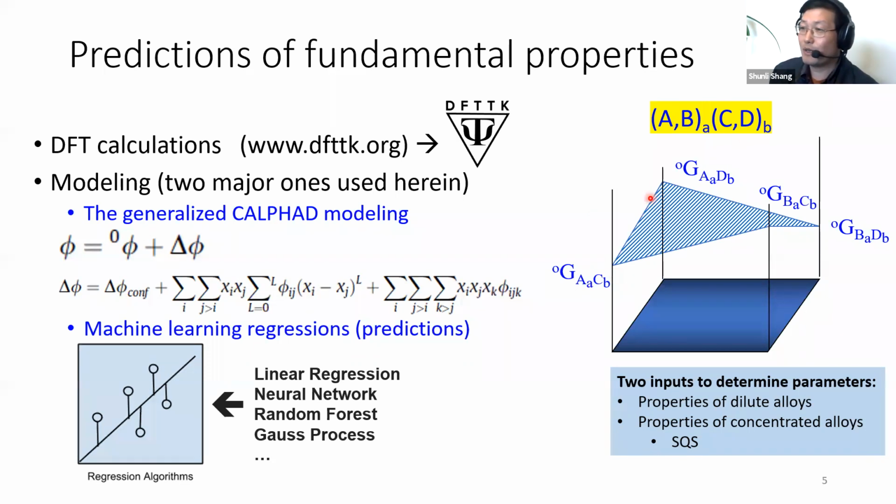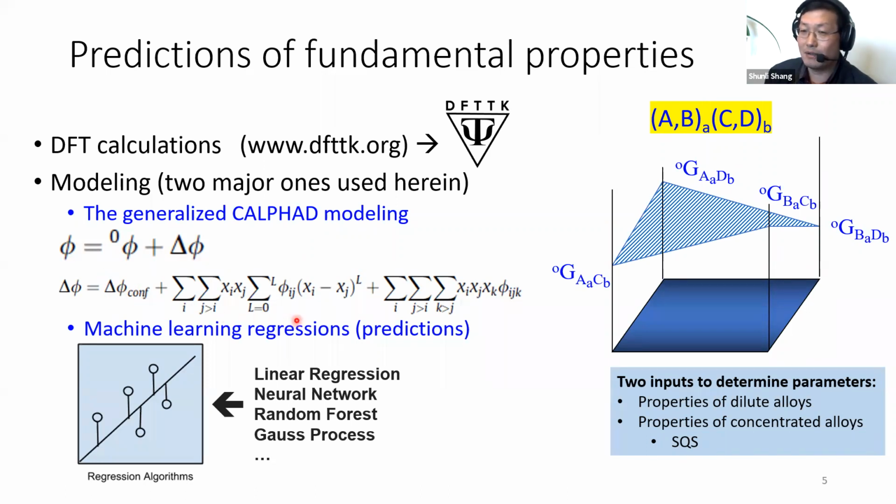We know first we need these 4 end member energies, here is phi 0, and also include the interactions. Interactions here, we write down the binary interactions and also the ternary interactions. The first term, if it is for the Gibbs energy, includes the configurational entropy contribution. If it is not the Gibbs energy, this one can be ignored.